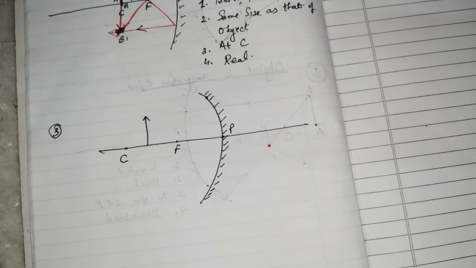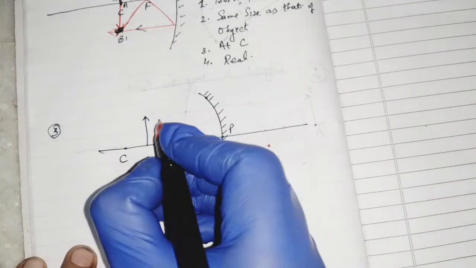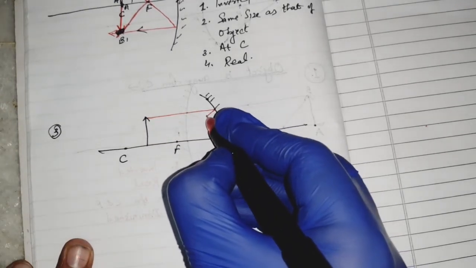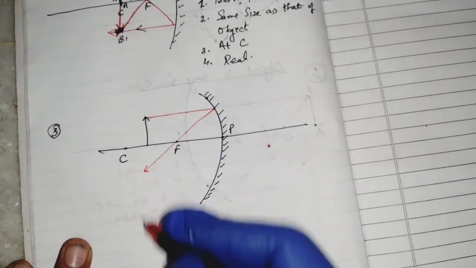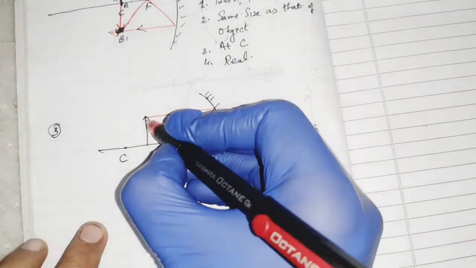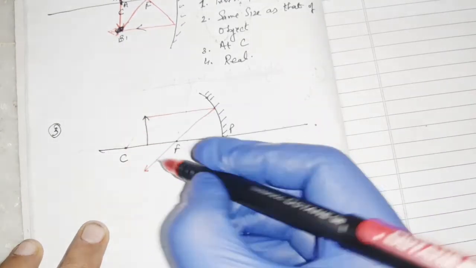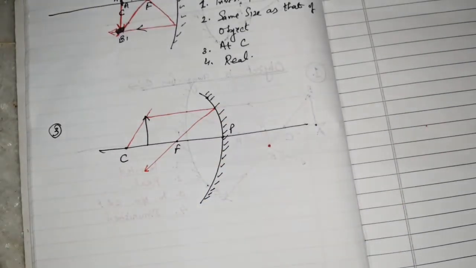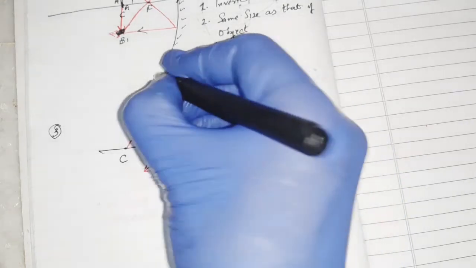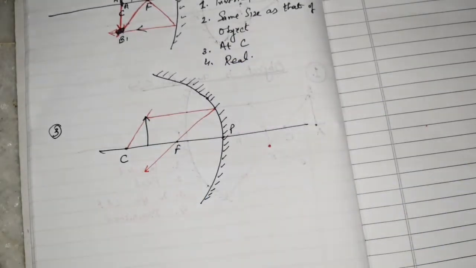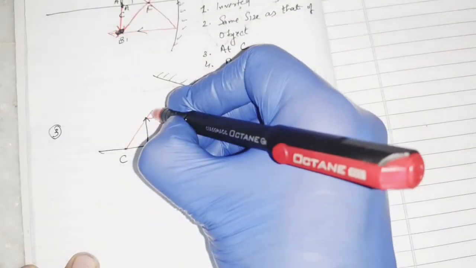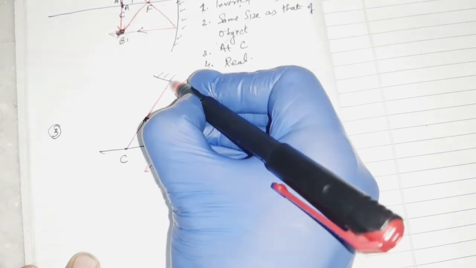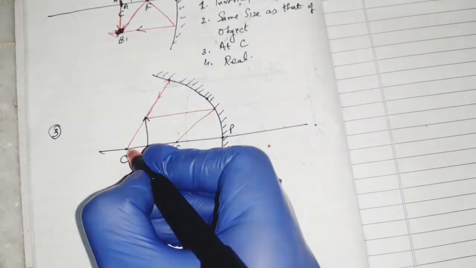Again, draw the 2 rays. One ray is this, and after reflection, it passes through F. The second ray must be taken like this. This ray from this point moves towards the mirror, and after reflection, it comes towards this.